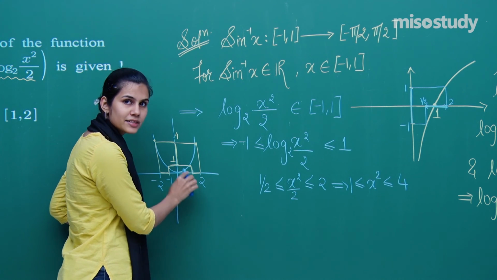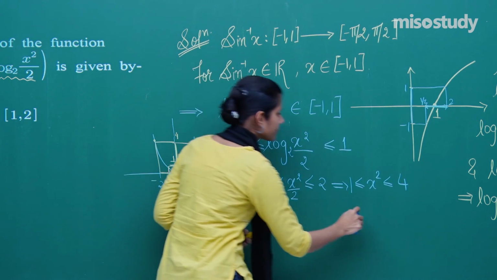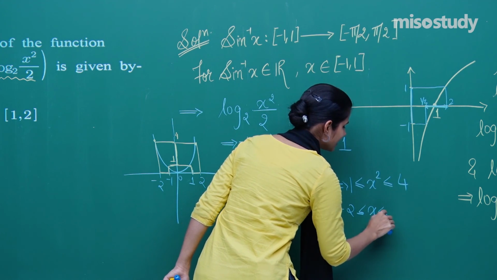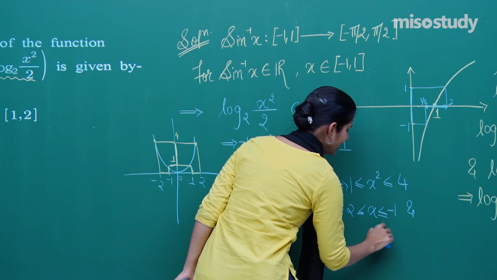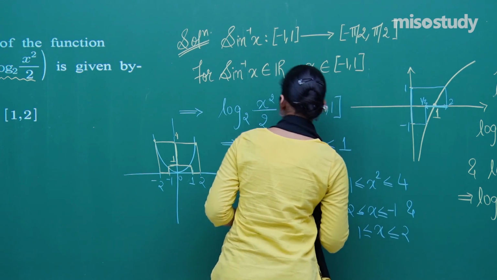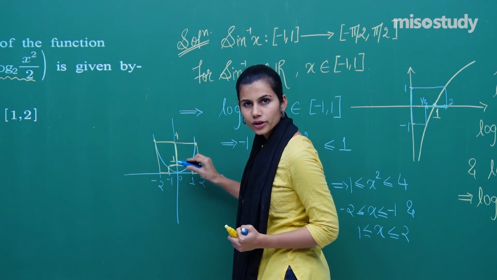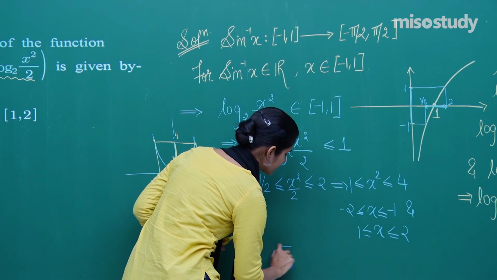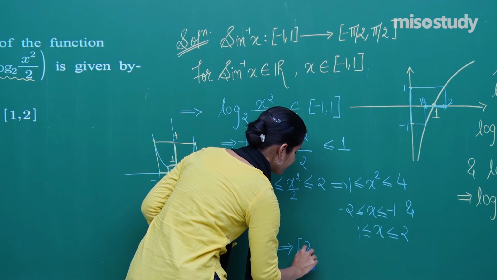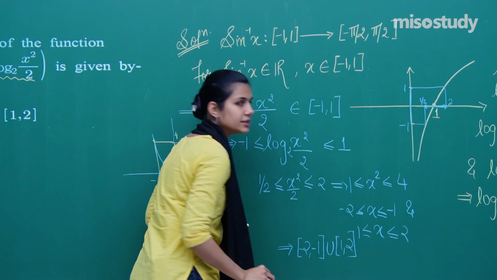That is the scenario, and if you study, you will find that whenever x is greater than equal to minus 2, less than equal to minus 1 and x is greater than equal to 1, less than equal to 2, only for these values of x, x square is between 1 and 4. And therefore, you get the answer: from -2 to -1 closed interval union 1 to 2 closed interval.